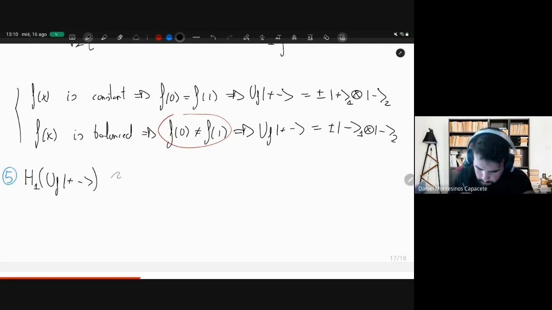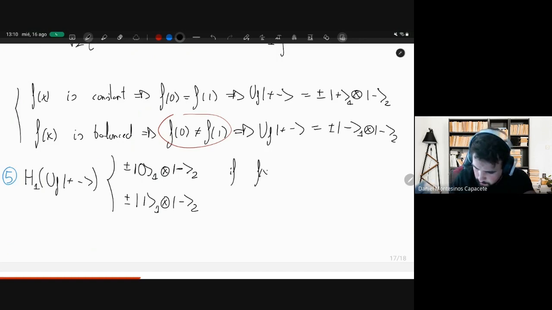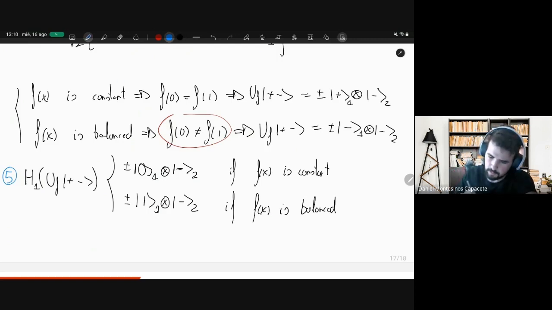we have this result, right? We will have plus minus 1 times minus 2 if the function is constant, or if the function is balanced, right?